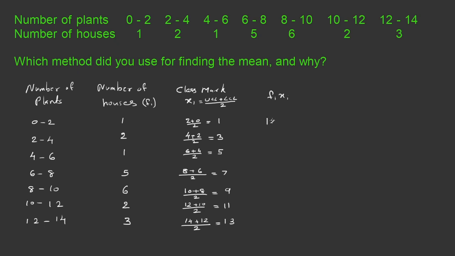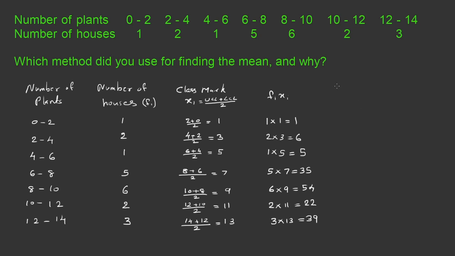For first group, 1 into 1 is equal to 1, 2 into 3 is equal to 6, 1 into 5 is equal to 5, 5 into 7 is equal to 35, 6 into 9 is equal to 54, 2 into 11 is equal to 22 and 3 into 13 is equal to 39.